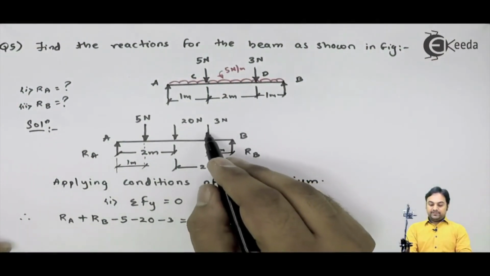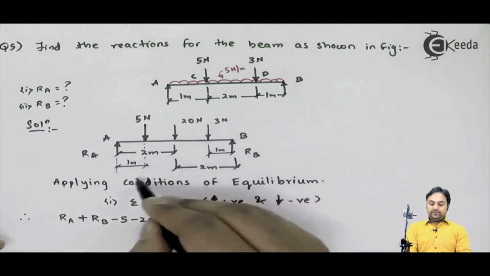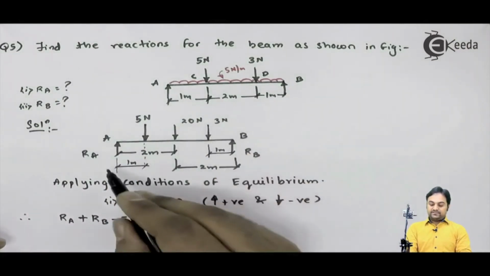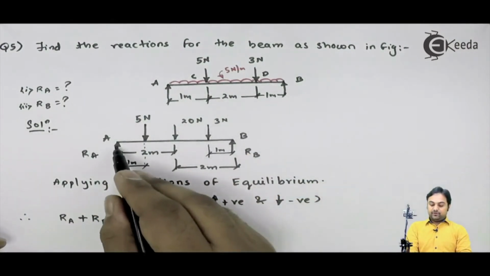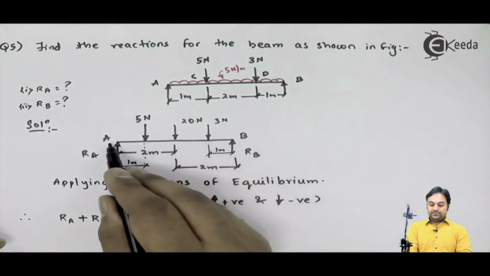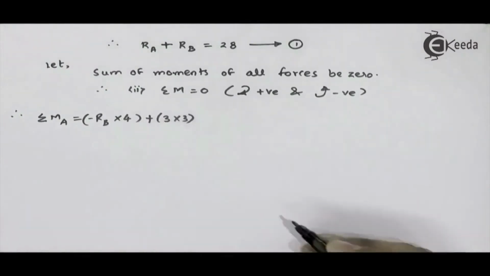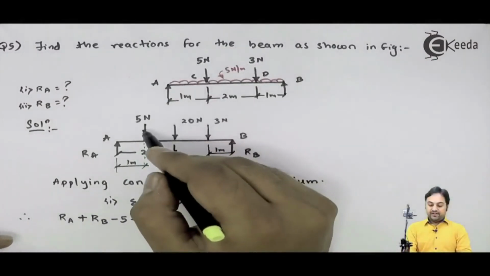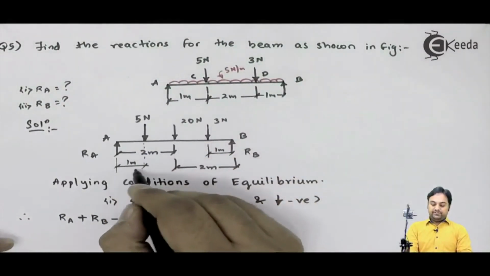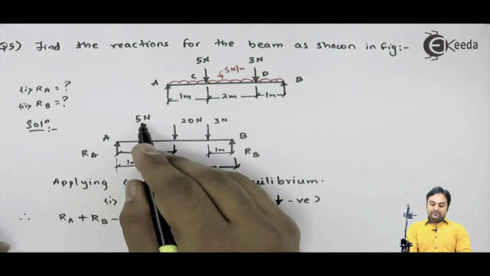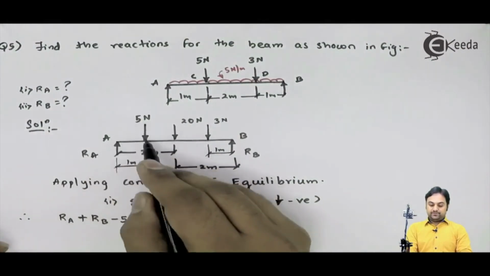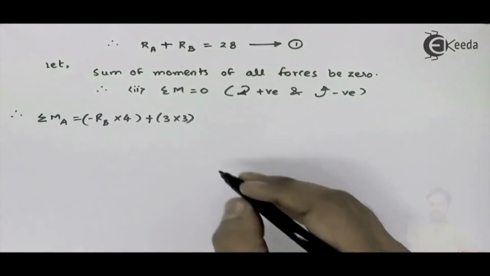The moment produced by 3 Newton at point A will be clockwise. So it will be plus 3 into 3, the distance from point A to the 3 Newton force, which is 3 meters. Here I have 5 Newton force, which is at 1 meter distance from point A, and it will be producing clockwise moment. So it is plus 5 into 1.